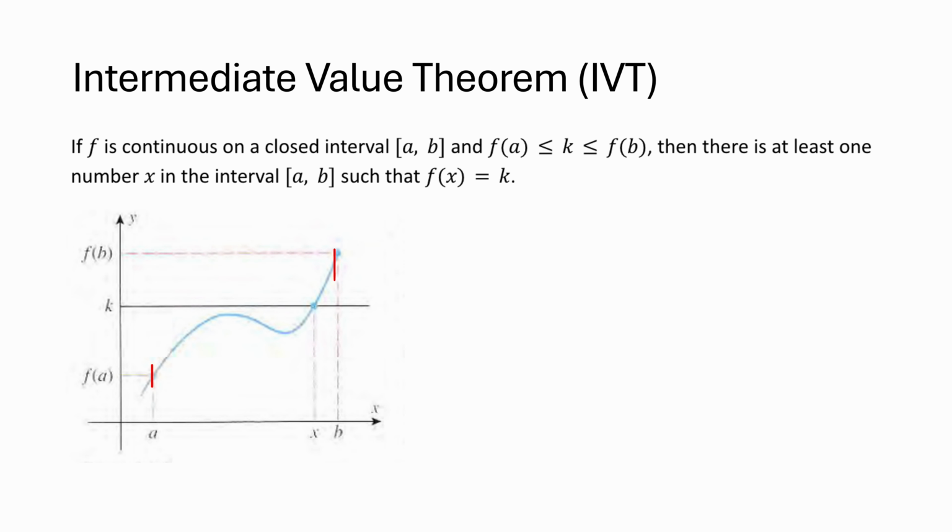For example, if f of x is modified to a function like this or this, there is at least one point such that f of x equals k.